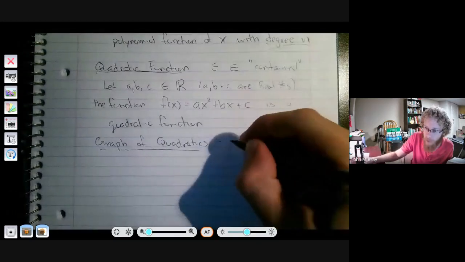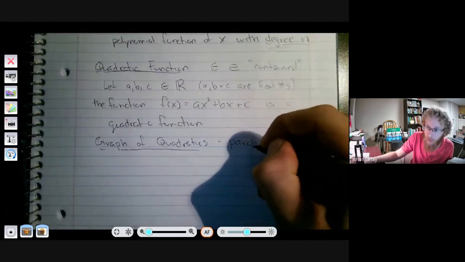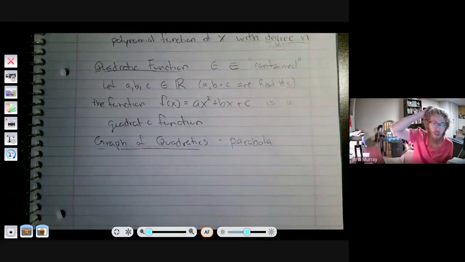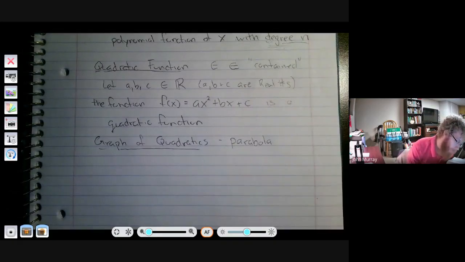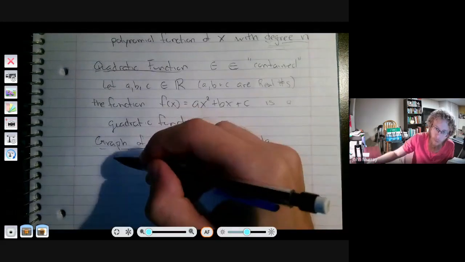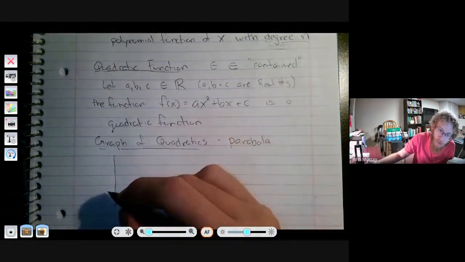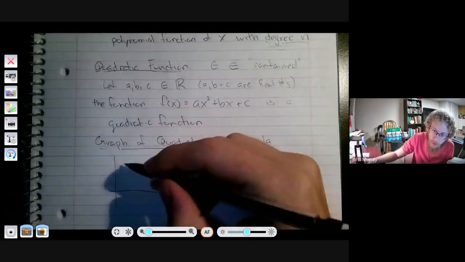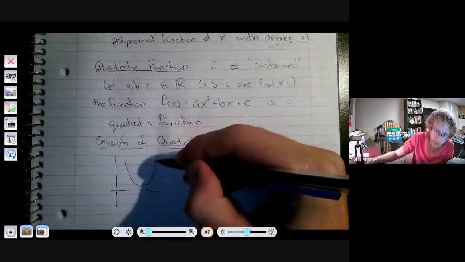First, the general shape of a quadratic is a parabola. Our parabola has a few different components. Hopefully these words will be pretty familiar.